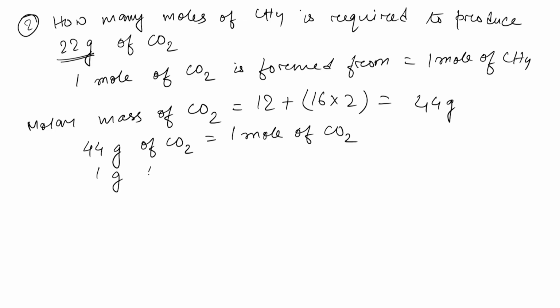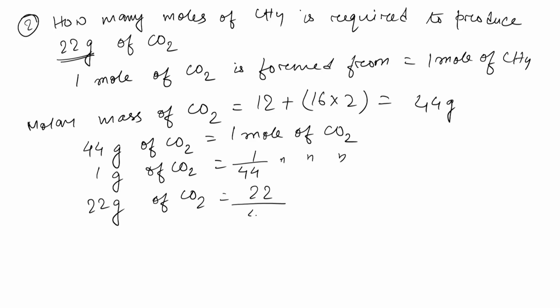So, 1 gram of CO2 is equal to 1 by 44 moles of CO2. So, 22 grams of CO2 is equal to 22 divided by 44, that is 0.5 moles of CO2. Fine.